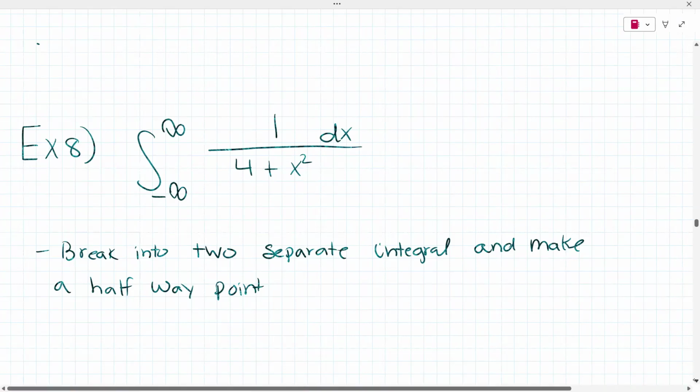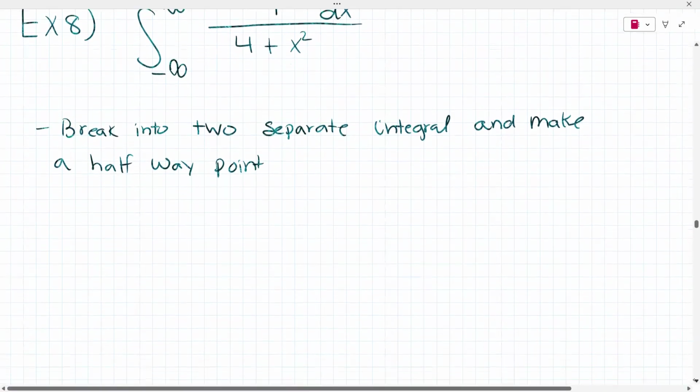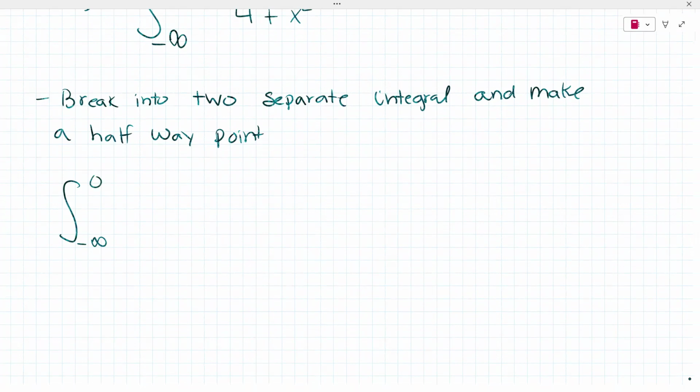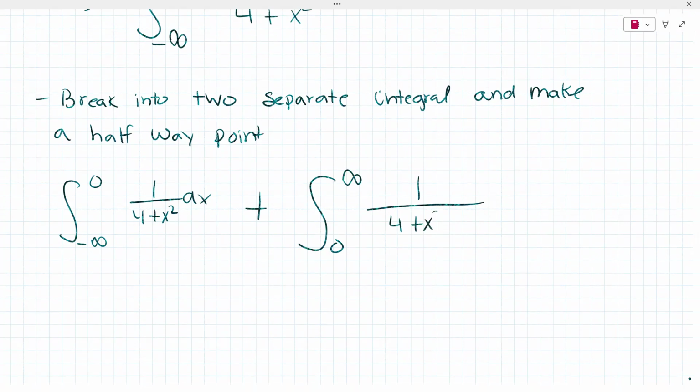So we'll write it as two separate integrals: negative infinity to 0 of 1 over 4 plus x squared dx, plus the integral from 0 to infinity of 1 over 4 plus x squared dx.